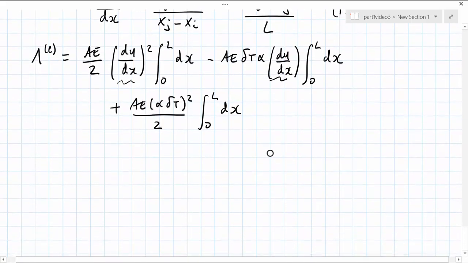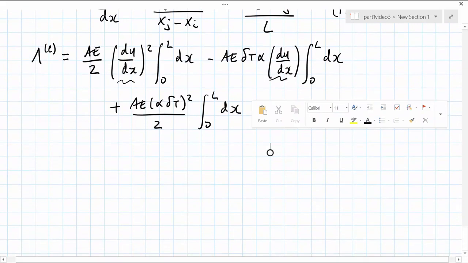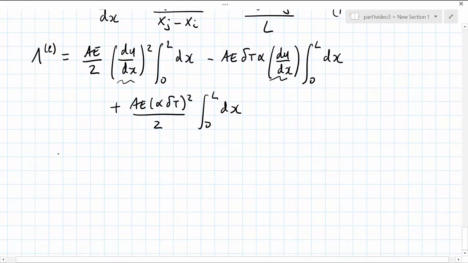If we now perform these integrations, we get the following expression. We get AeL over 2 times du by dx squared.